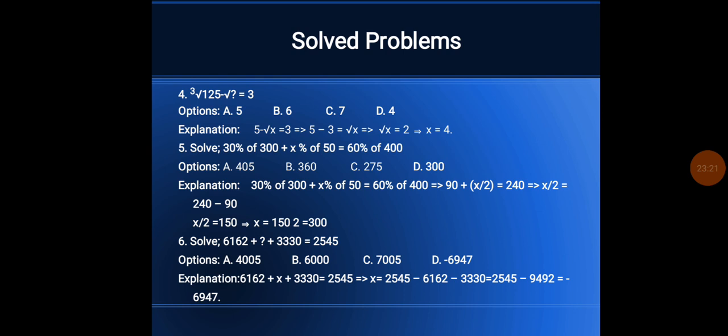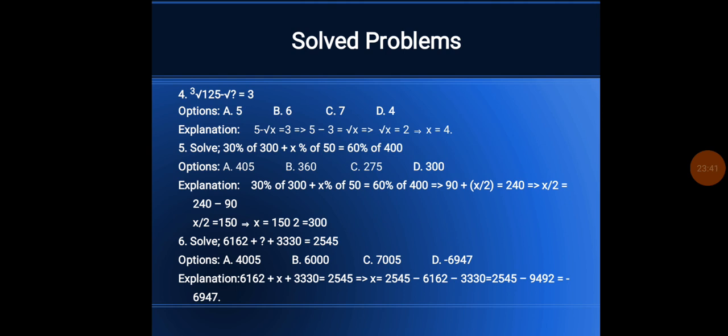So next sum, solve 30% of 300 plus x percentage of 50 equal to 60% of 400. Okay, here 30% means 30 by 100, 60% means 60 by 100. 'Of' means multiplication here.